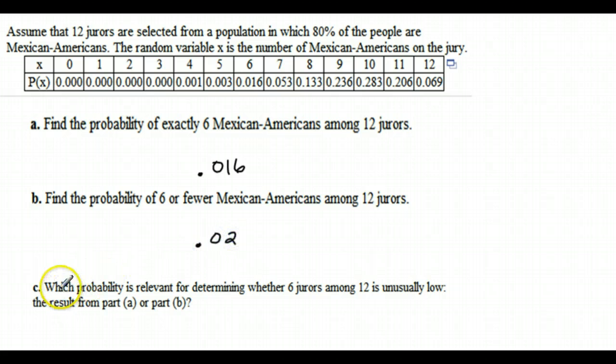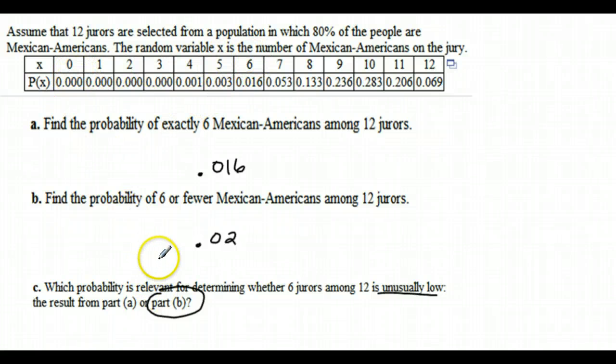Alright, and then this says which probability is relevant for determining whether 6 jurors among 12 is unusually low. So if you're asked to determine if something is unusually low, you need to start at that particular number and go all the way down to the smallest value that's possible. Alright, so in this situation it's B, because you want to go all the way down from that number to 0.